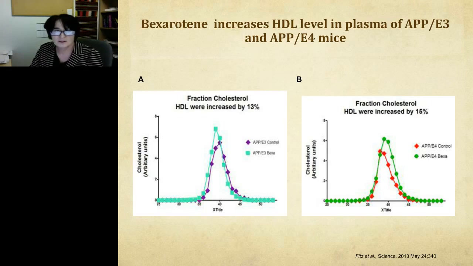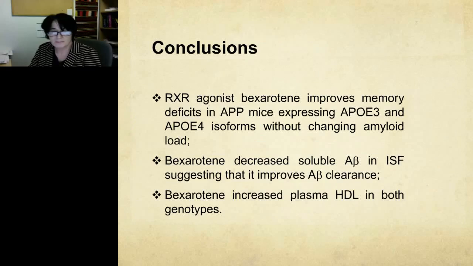And here on A is shown the results for APOE3 mice. You can see that bexarotene increased the level of HDL in the plasma of APOE3 mice approximately by 13% compared to vehicle-treated mice. Similar result was received in APOE4 mice. HDL level was increased by approximately 50% by the treatment compared to vehicle-treated mice.